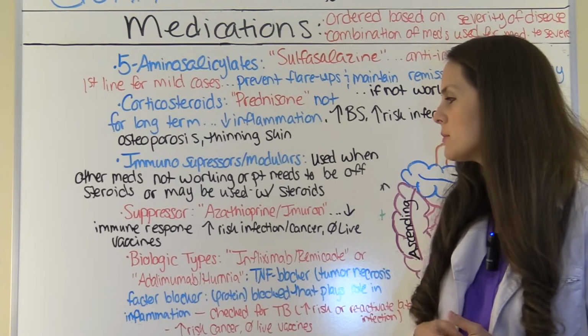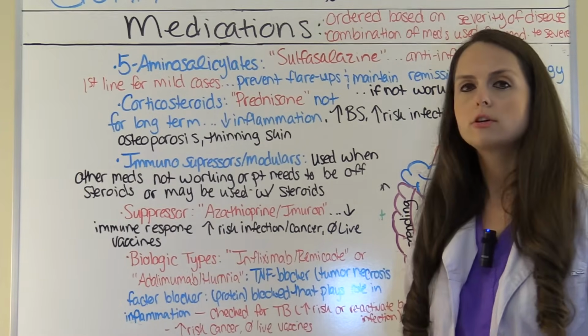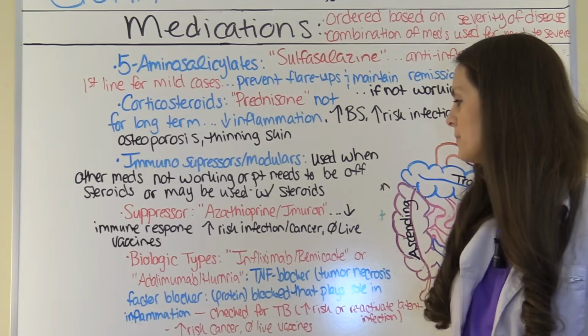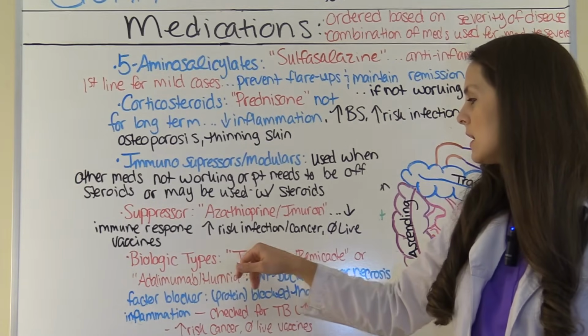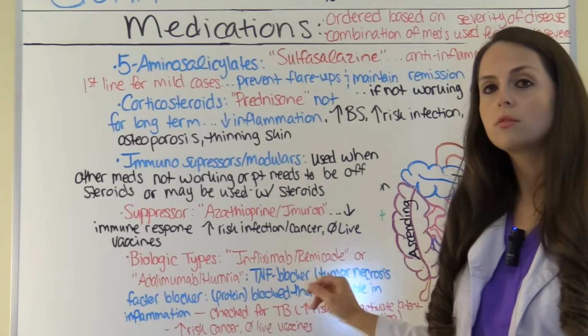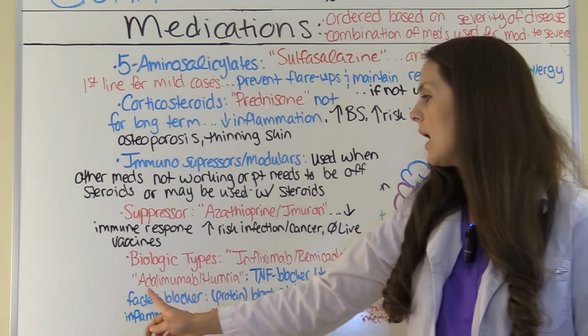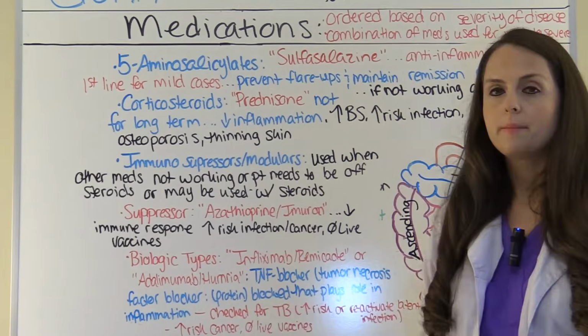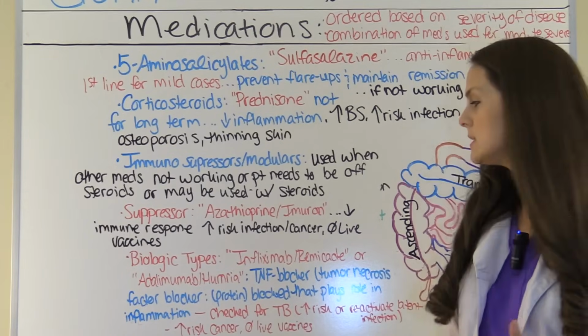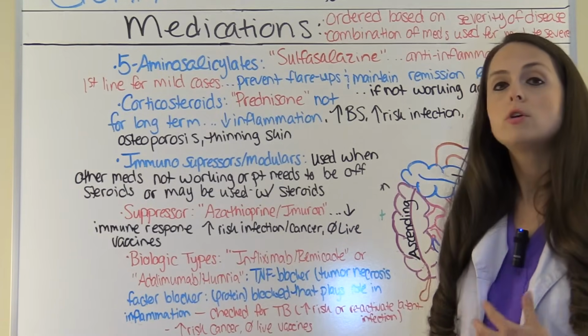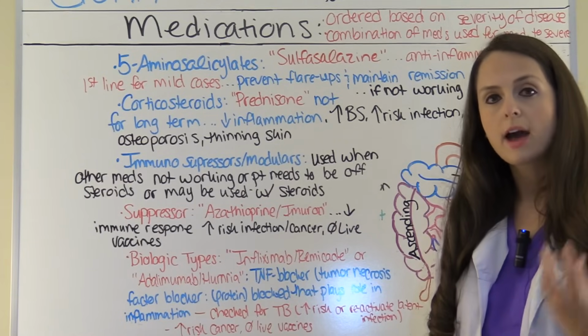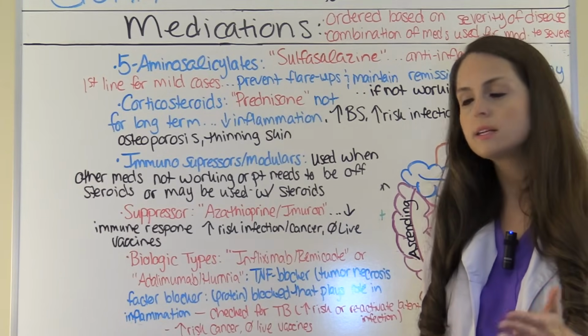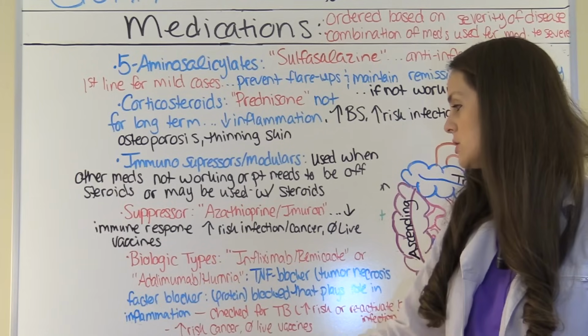Other types of immunosuppressors work on a biological level, so they're biological type. Popular ones are infliximab, also called Remicade, or adalimumab, also called Humira. And these are what are called TNF blockers, which block tumor necrosis factor, which is a protein that plays a role in inflammation.